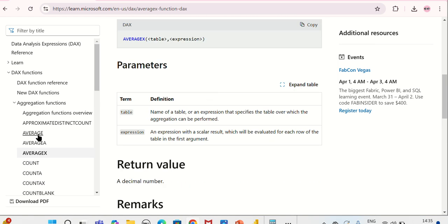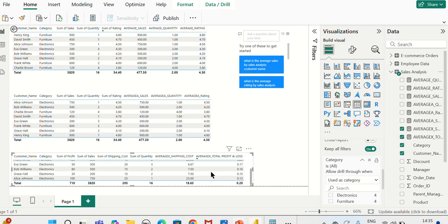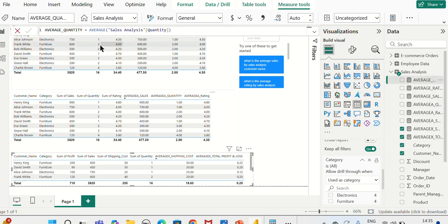To understand this, we are going to use these charts. I have taken a table to show how AVERAGEA and AVERAGEX work. This is the AVERAGE query, this is the AVERAGEA query, and this is the AVERAGEX query.